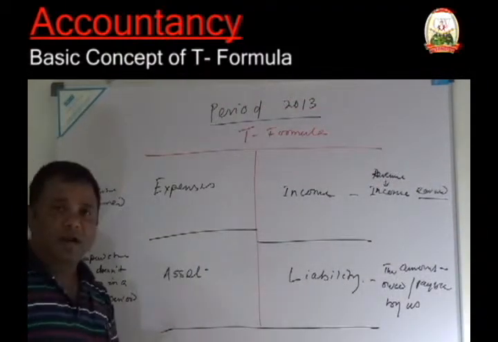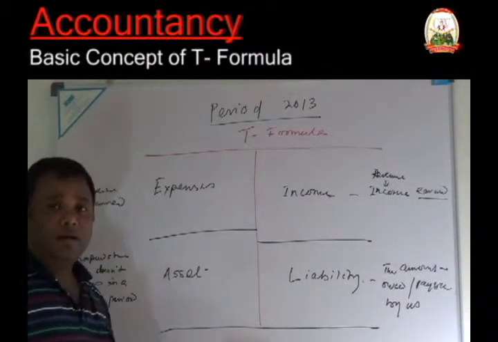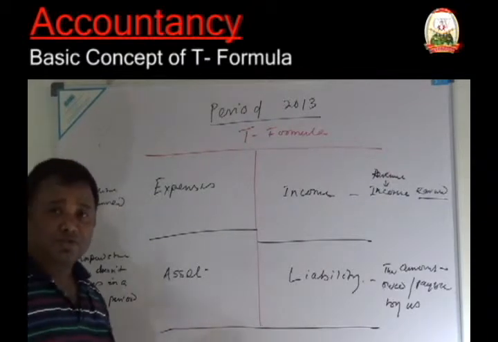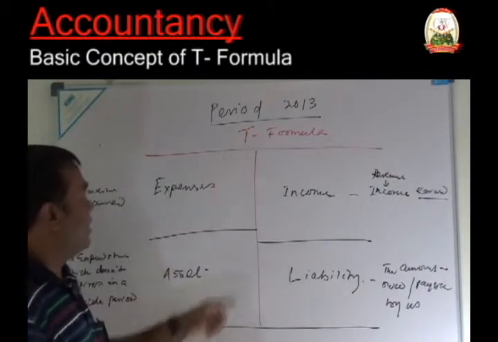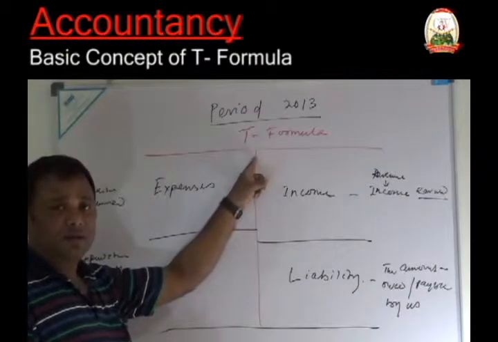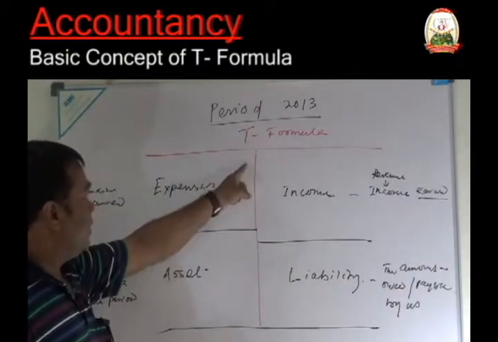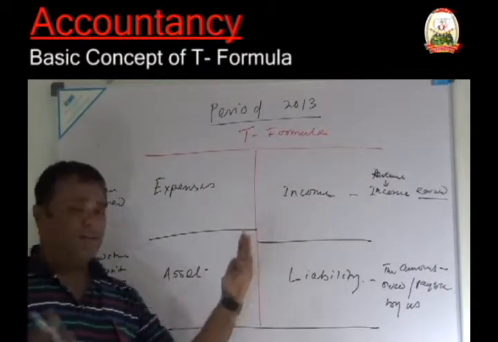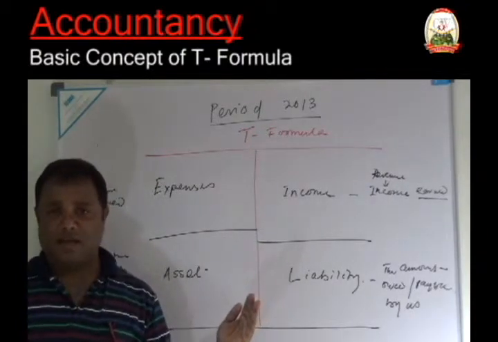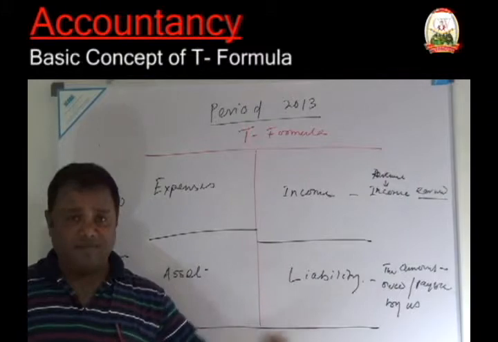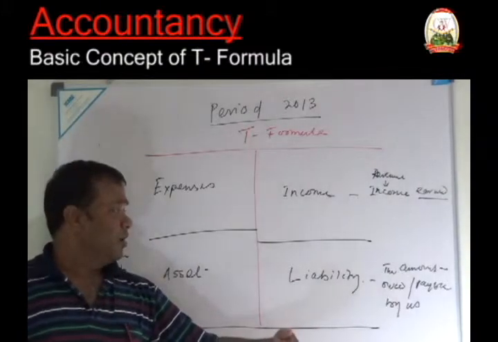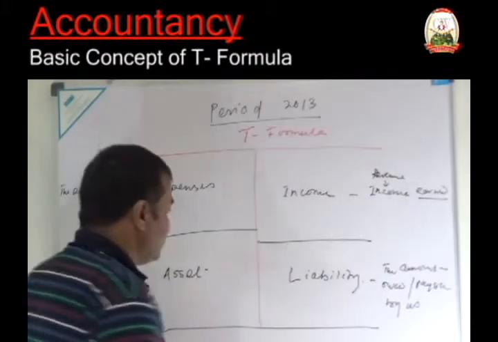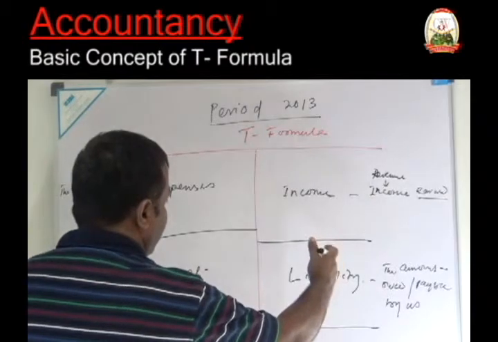Here's the T formula. Here the T belongs to somebody else. Suppose say your family. Your family belongs to the T. Being a family, the left side is expenses and asset and the right side is income and liability.